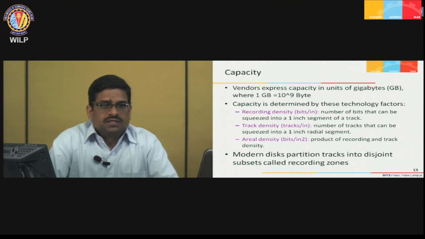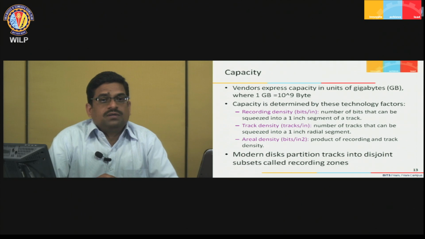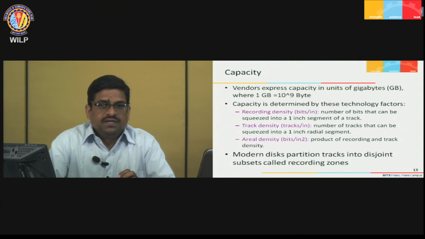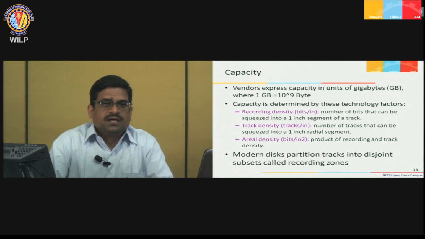So, 1 gigabyte is measured as 10 raised to the power 9 bytes, and the capacity of the disk is measured by some factors, that is recording density, the number of bits per inch, how many bits can be stored per inch, and that depends upon the sensitivity of the head. So, if the technology improves, head sensitivity increases, it can sense even a distance of nanometers, meaning the more dense, more bits you can pack in the same area, and that increases the storage capacity of that disk and reduces the cost as well.